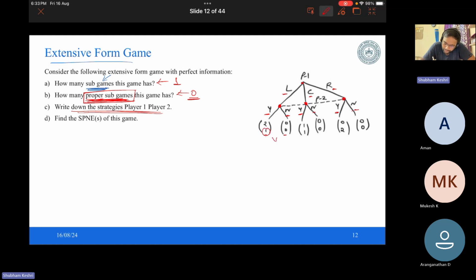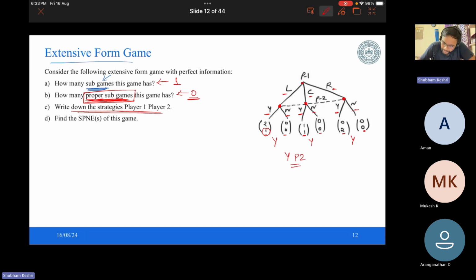Therefore, at this node, player 2 will play Y. In this node also, Y is giving higher utility than N. Player 2 will play Y, and over here also, player 2 will play Y because it is giving higher utility. Therefore, in this game, Y is a dominant strategy for player 2. Therefore, player 1 knows player 2 will play Y.